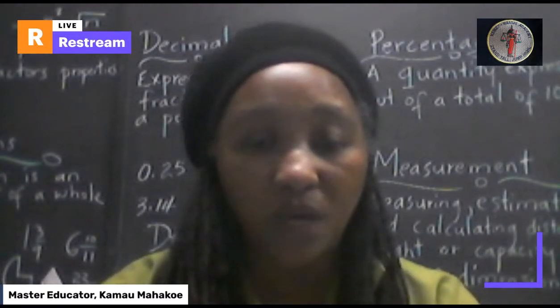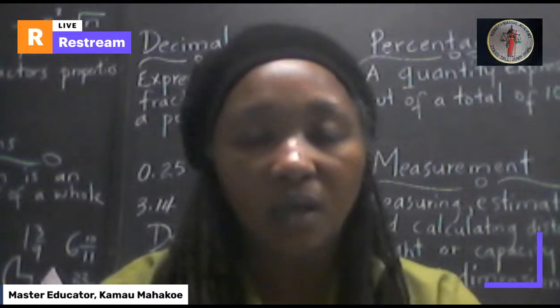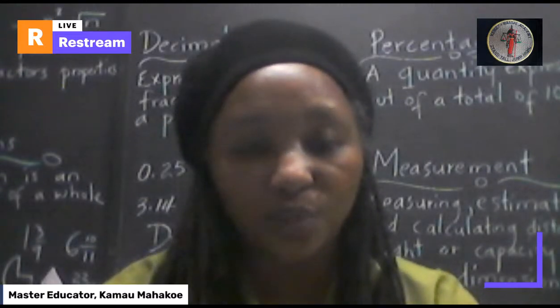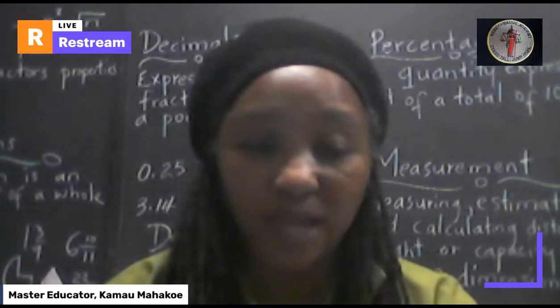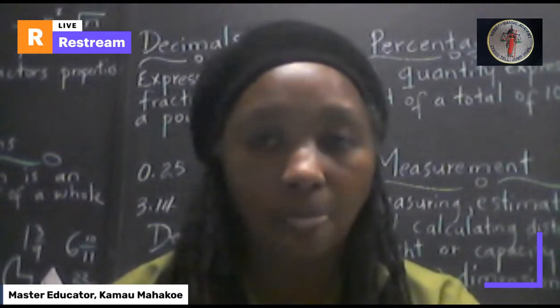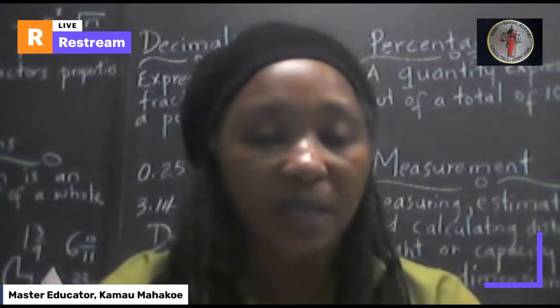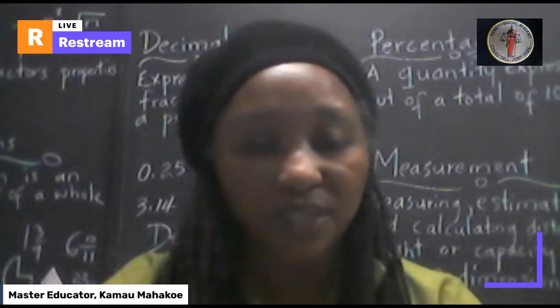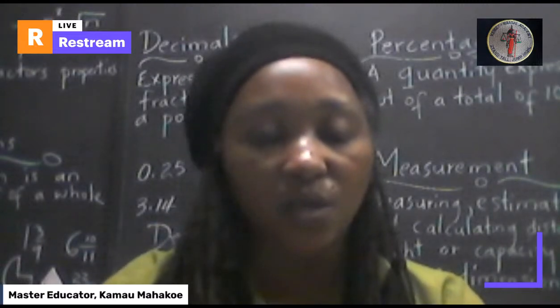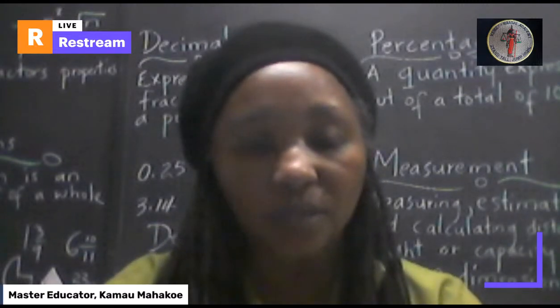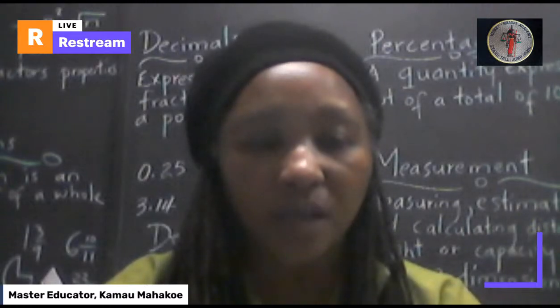In the paper 1, the computation questions, you should be able to do them without the use of a calculator. No calculators are allowed for the multiple choice paper. In the paper 2, the computation questions, you are allowed to use your calculator.